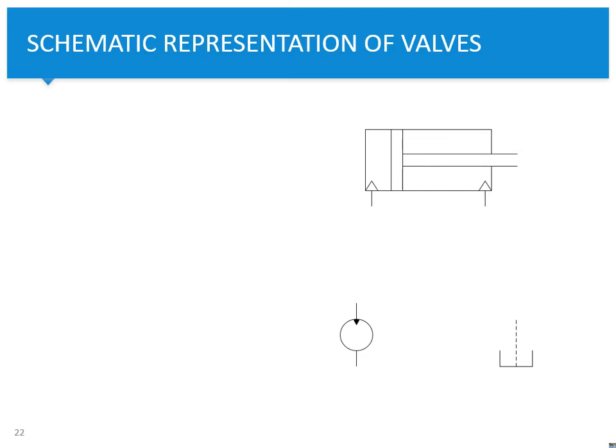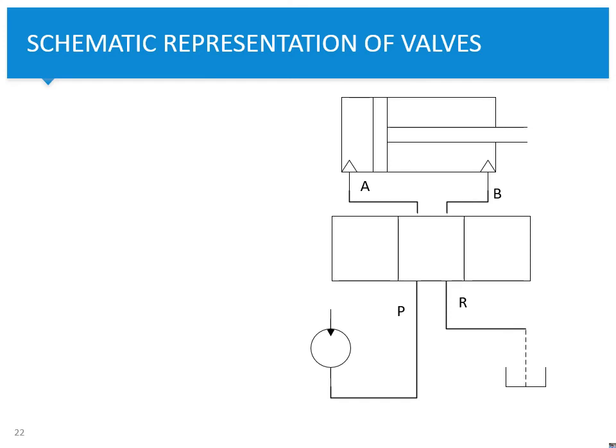So it will be a valve offering me three options. And so it will look like this. And we have some pressure flow coming from the pump. We have a return flow going to the reservoir, and we have A and B, flows A and B. And so it has four connections. So we have a 4-3 valve.